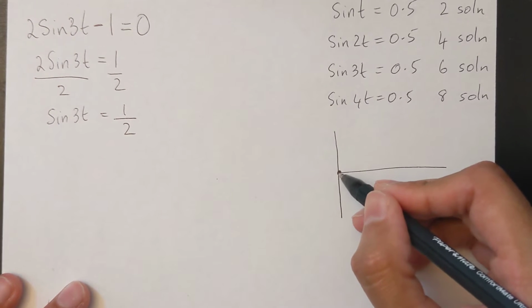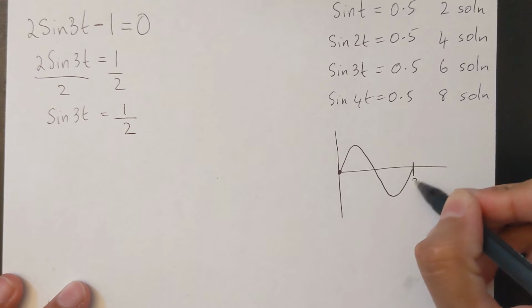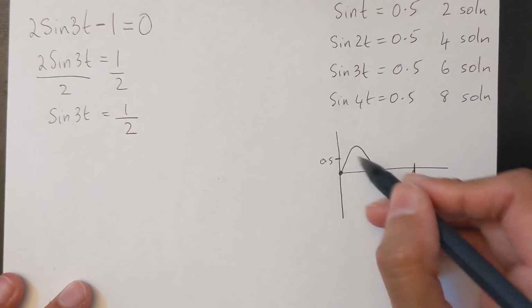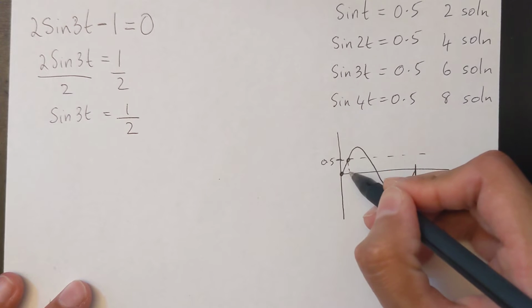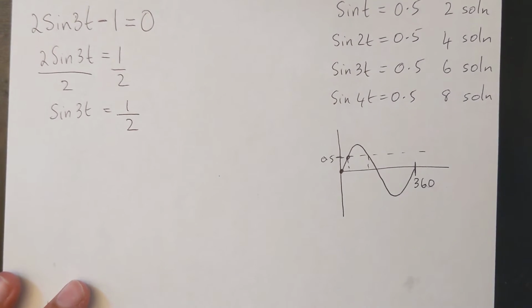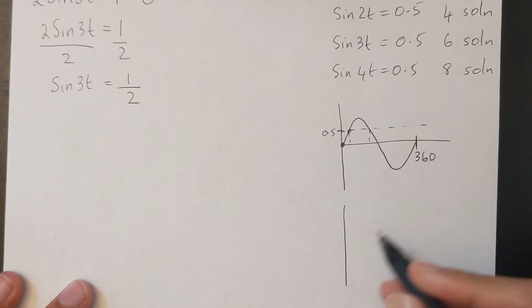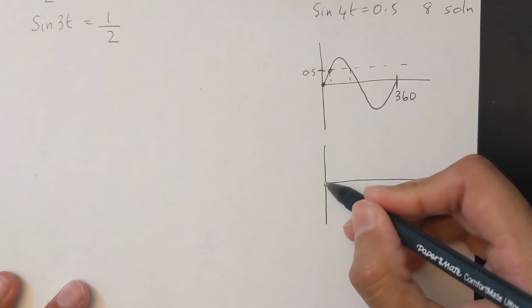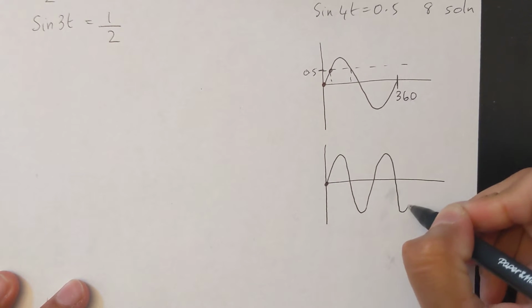So this is just sine t, the first one that we did, and this is 360, and right here is 0.5. If I draw a dotted line across, you can clearly see that we have 2 solutions over here. If I do sine 2t, that's going to be like this.